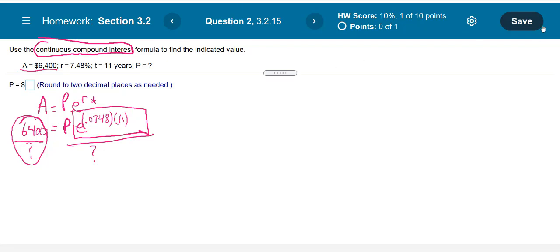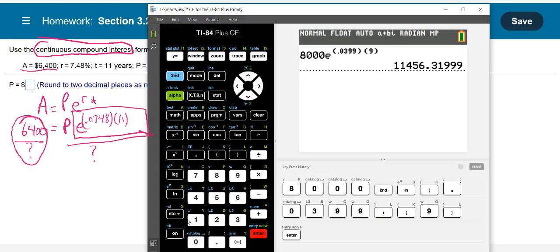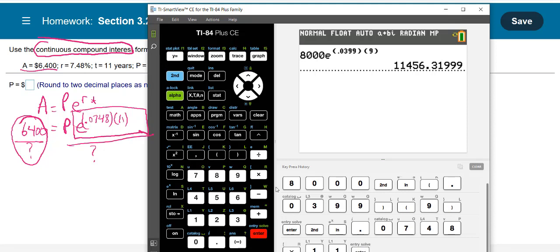Now to do this properly, you do not want to round off. So when I take my calculator and do the e to the 0.0748 times 11, I get this big long number. You do not round that. If you round that, you will miss the problem. We need to divide 6,400 by that number.